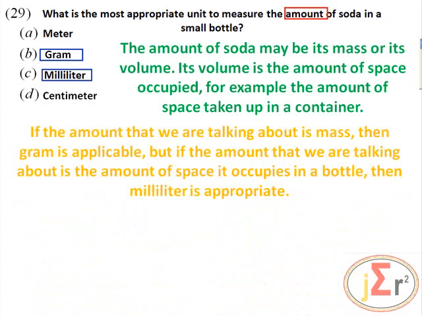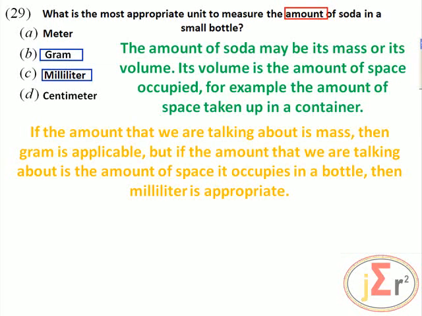We are taking a look at those two options, and we will see why we are considering them. Which one do you think is the correct answer? Option C, milliliter. So Jerry is saying that option C is correct, and I think he is correct, but let us see why he is correct and how the other options are incorrect.